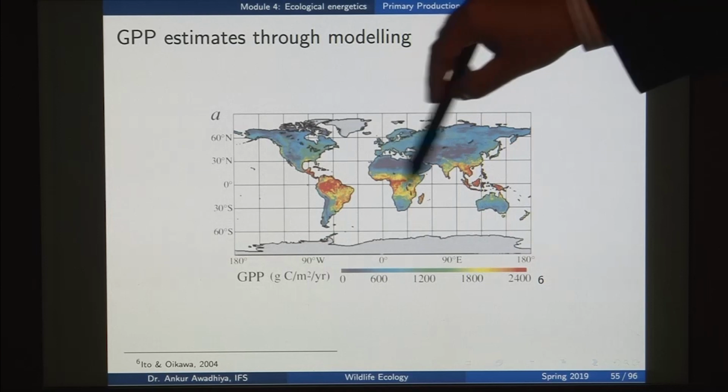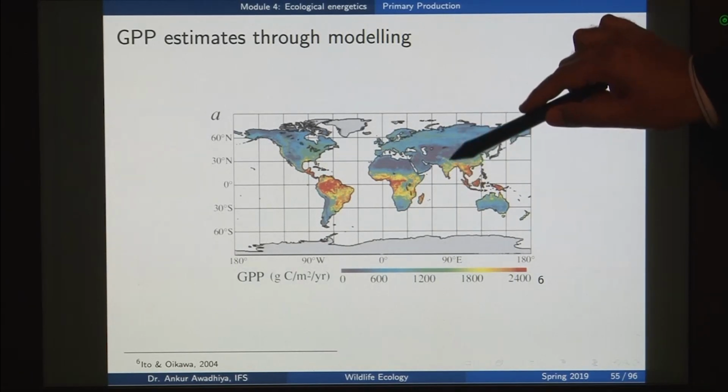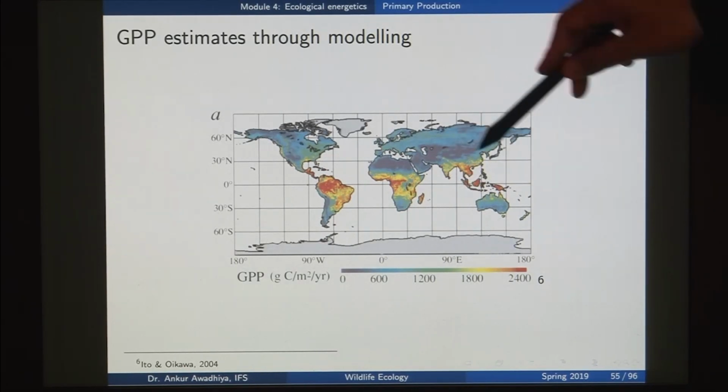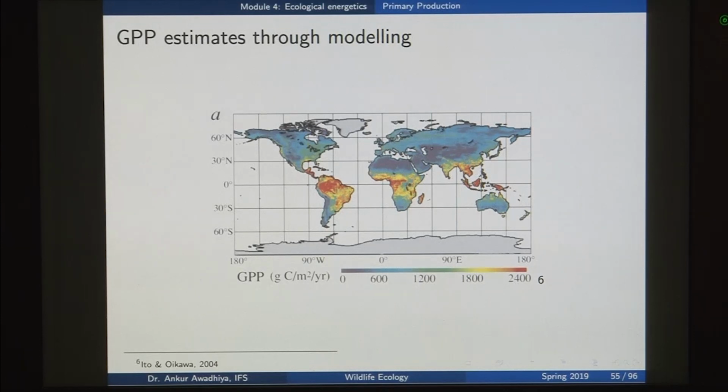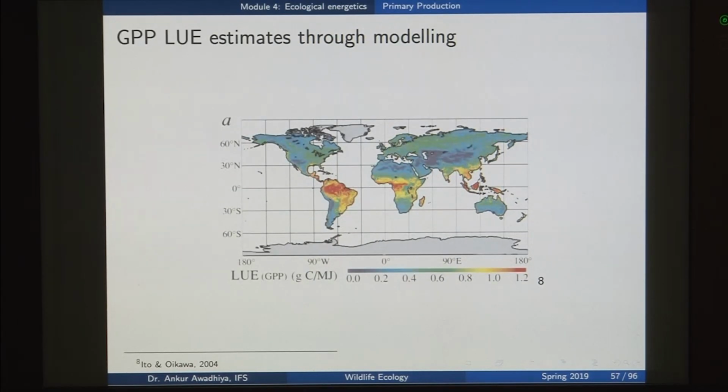The Sahara desert will have a very low gross primary productivity, because you have fewer plants and you have a dearth of water in that area. Now, most of the areas of Europe will come in a moderate amount of productivity. In comparison, India has a much higher level of gross primary productivity, and so do the Southeast Asian nations. We can also compute the net primary productivity, or things such as the light use efficiency for gross primary productivity and the net primary productivity.